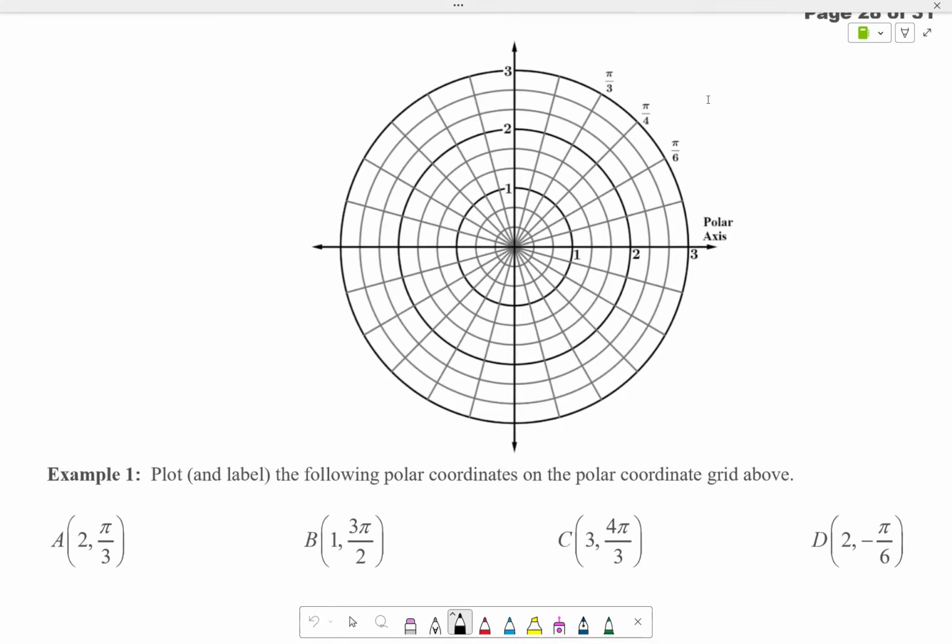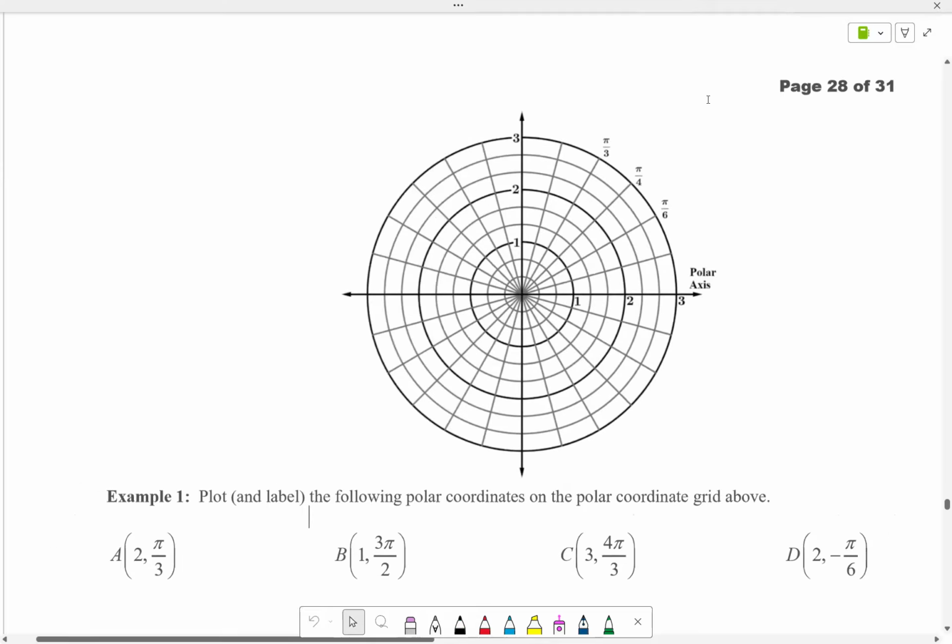Oh, this is the last section. What page is it? 28. This is the last page.